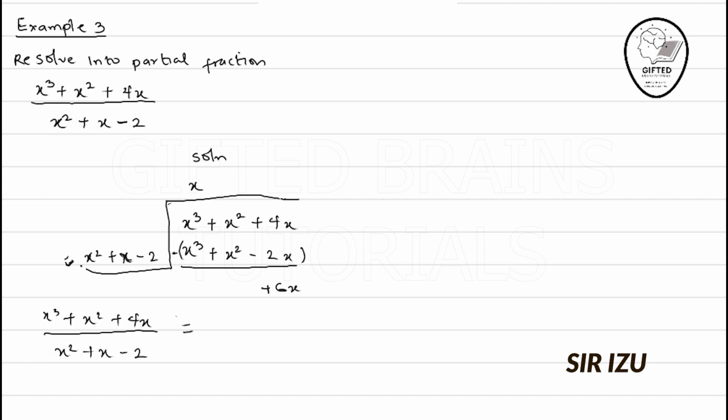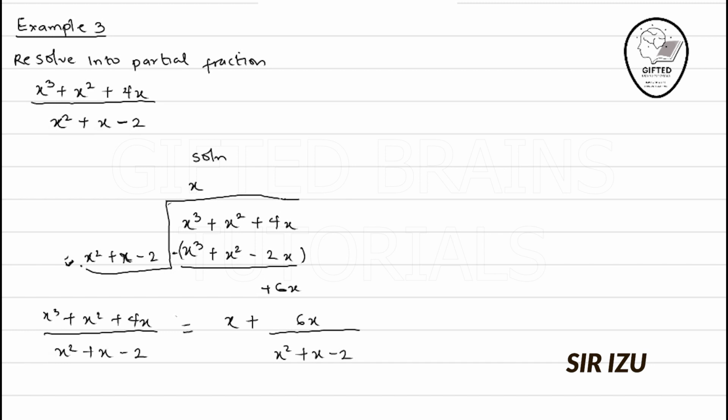Okay, so being equal to, you write first of all the quotient, the answer you got when you divided, which is x, plus your remainder, which is 6x, all over your denominator, which is x squared plus x minus 2. So this is what we have.